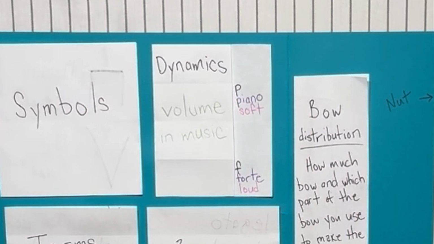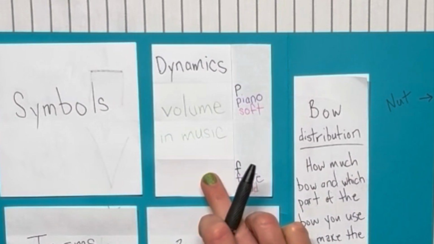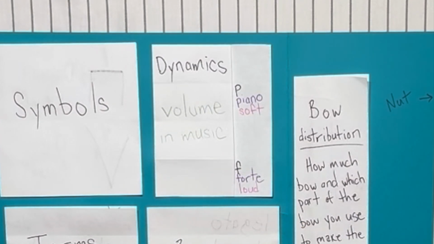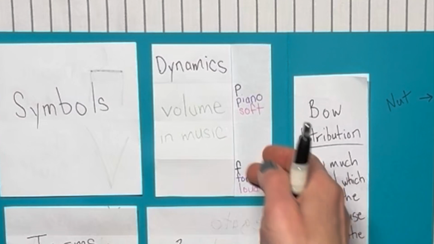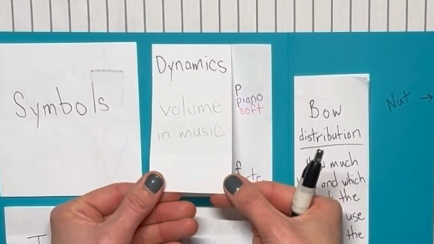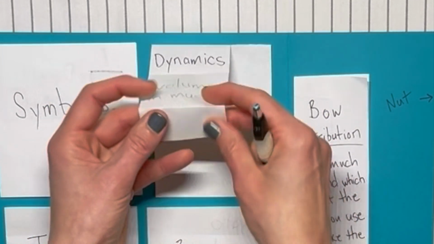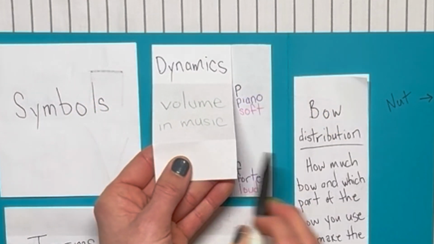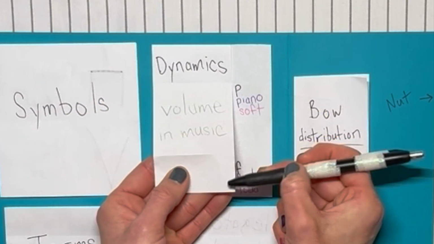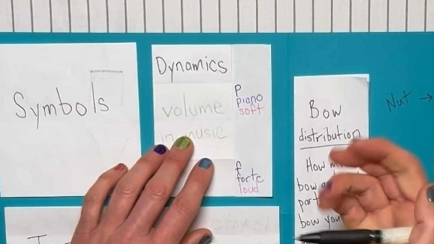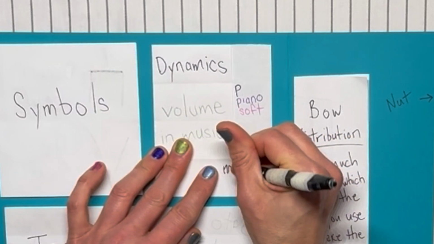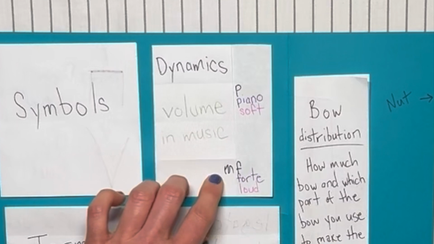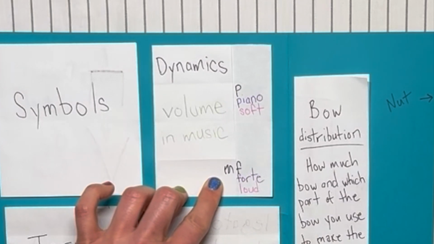But in your music, there's something else you need to know. And this is why we've made this folded piece right here. So we are going to be writing on this little piece here, and then I'll show you how to mix it up. So on this small piece right here, in the bottom section, all the way to the right, we're gonna also put three things. The top one is gonna be an M. So M, that's a funny looking M, but I'm gonna keep it.